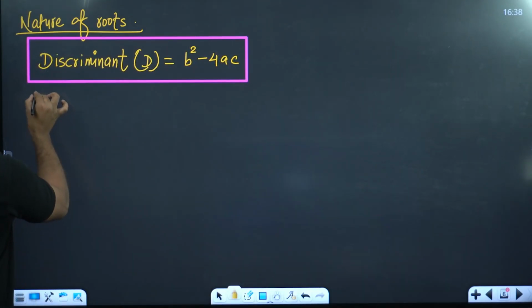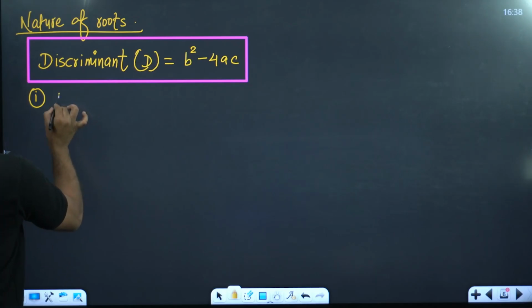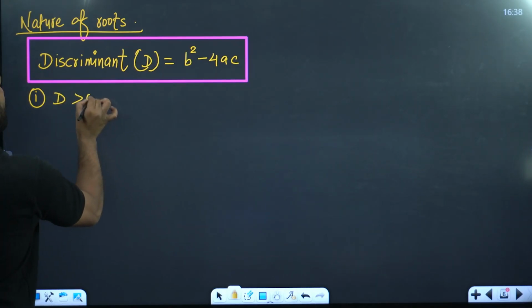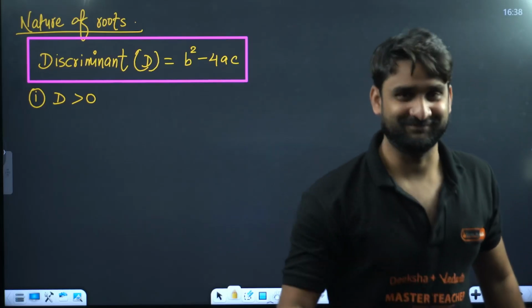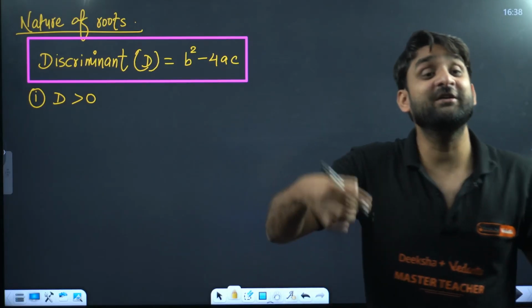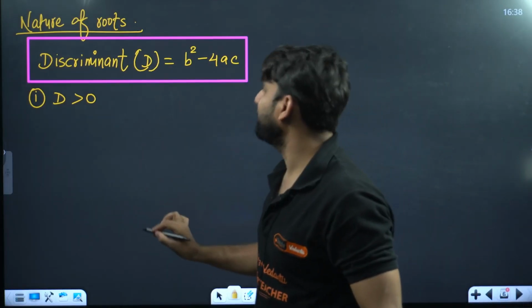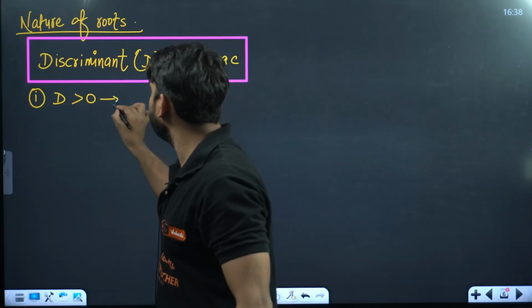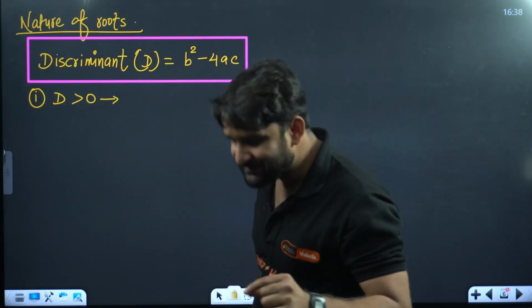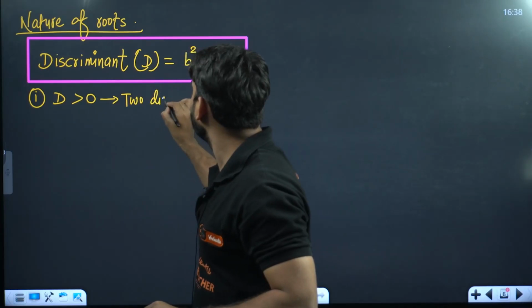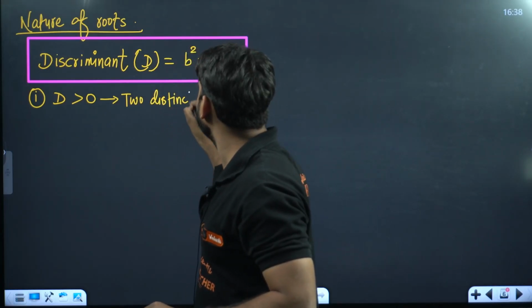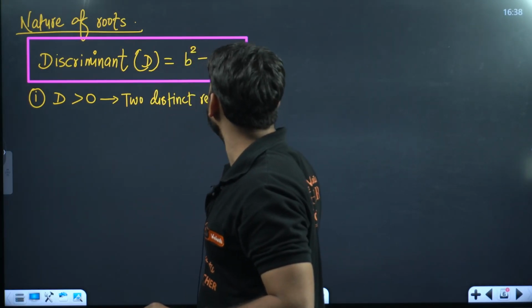First condition is, if D is greater than 0. What does it imply? D greater than 0 means D is positive. If D is positive, it implies that there will be two distinct real roots.